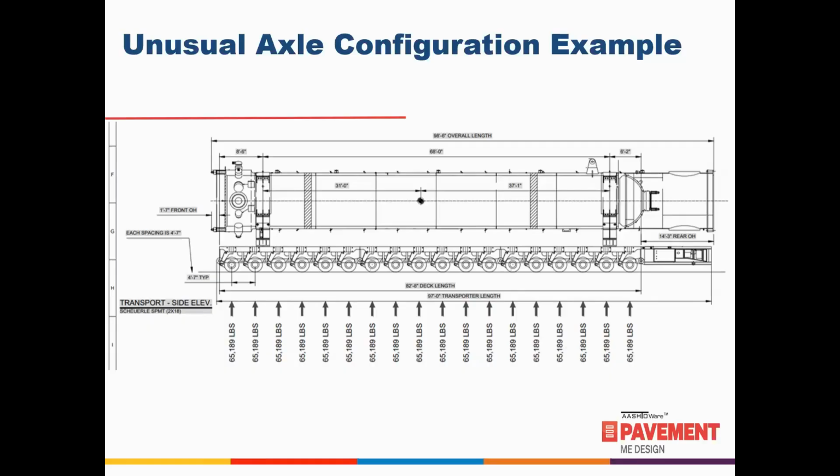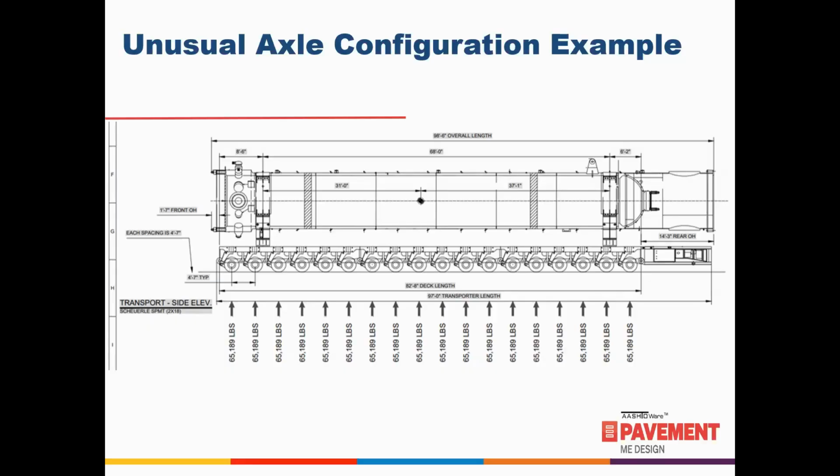And if you call it a tridem axle, you're up at 195,000, and the maximum tridem and quad axle is 102,000. So any way you slice it, you've got heavy loads beyond the analysis range of the regular traffic model. So in this case, we're going to go with the special traffic module.